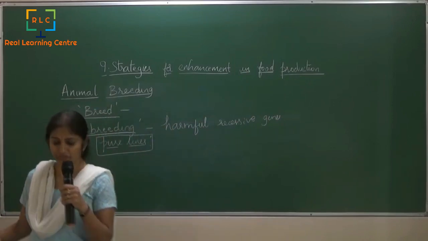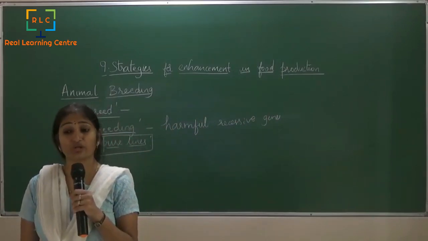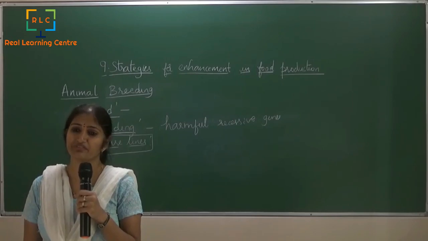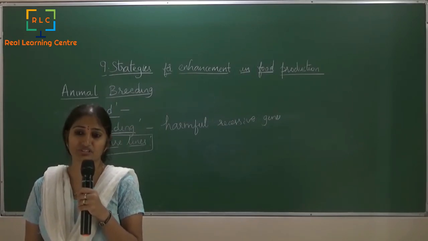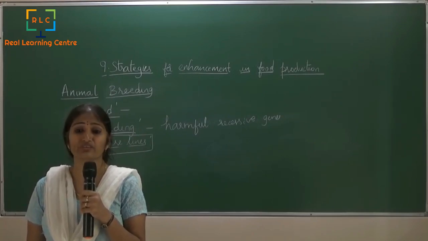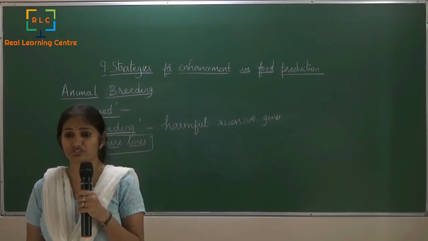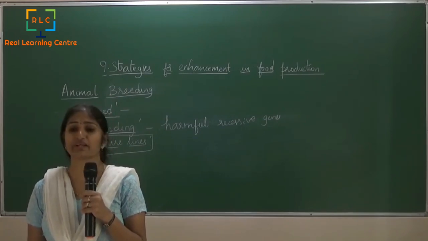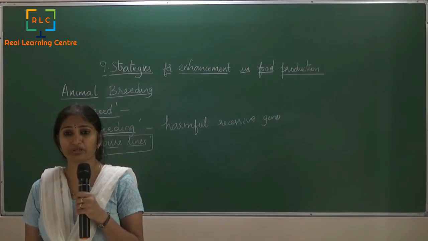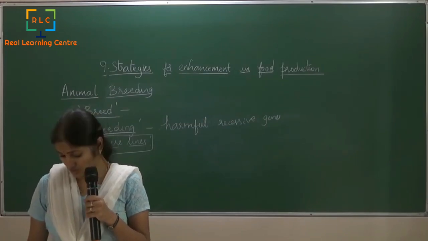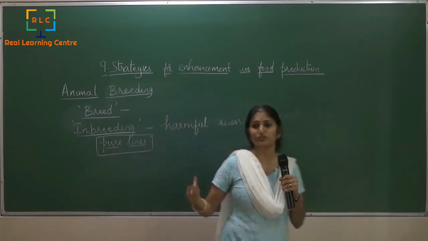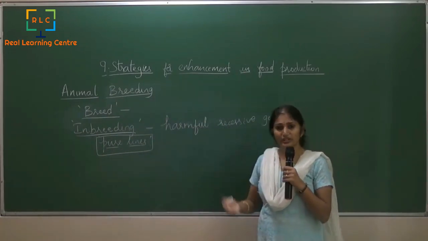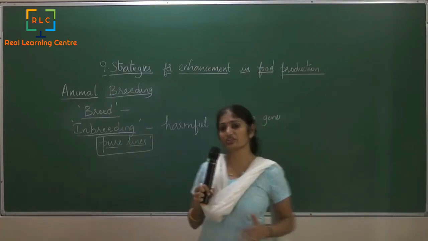And what would be the effect of this gene exposure? Now that is something you have to be ready for, because we still do not know how exactly the repercussions of this particular characteristic would be. So this is one bigger problem. Also, you should know that in this particular inbreeding, we are trying to take only the superior genes.